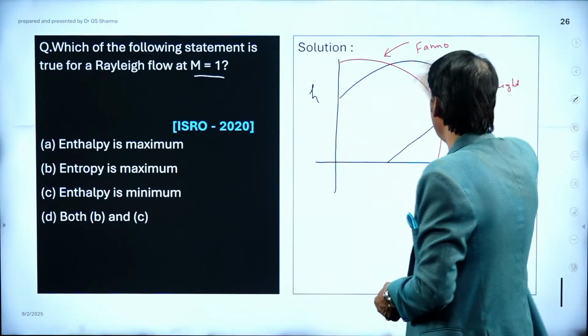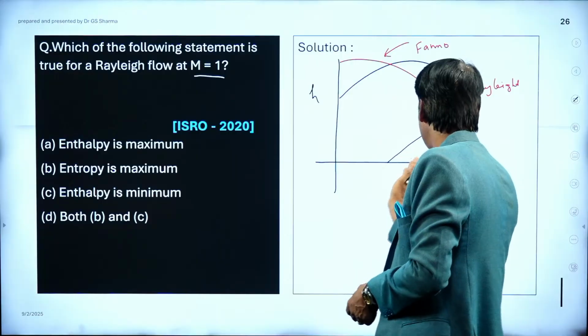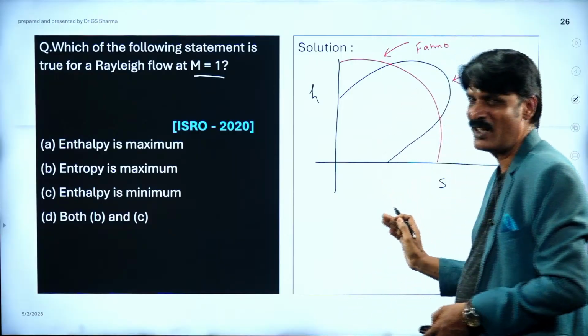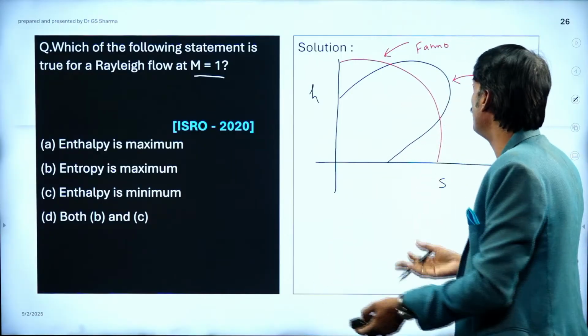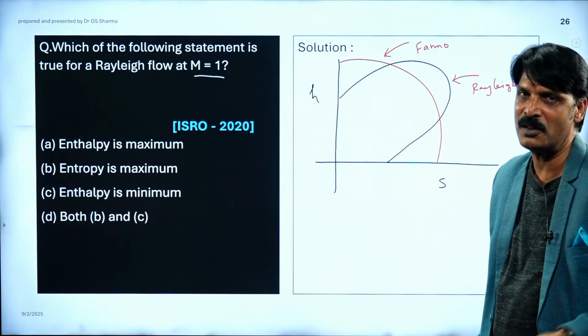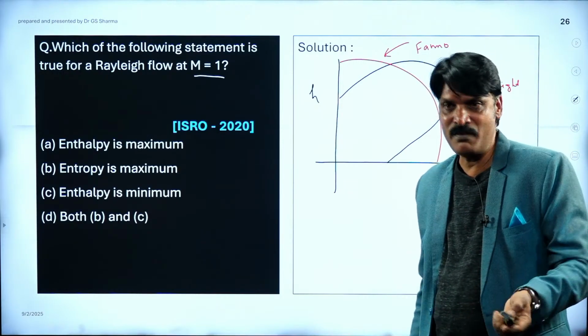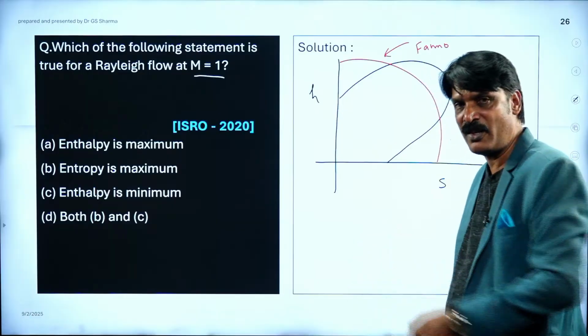Between them your shock flow occurs, and this intersection always occurs in the direction of increasing entropy. You can refer to a very good book like Compressible Fluid Flows by Shapiro, or Compressible Fluid Flows by E. Radhakrishnan, or S.M. Yahya.